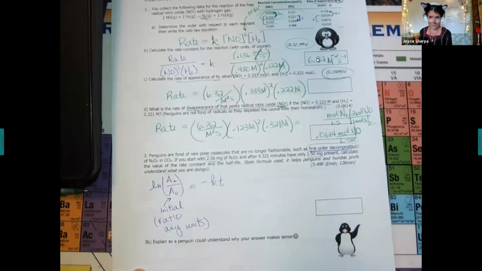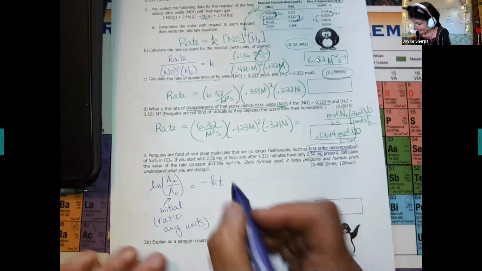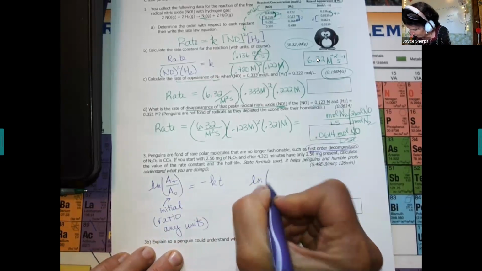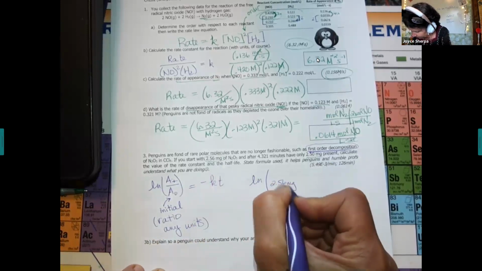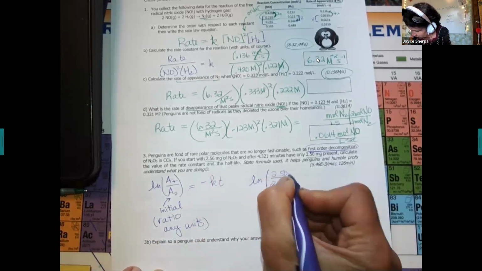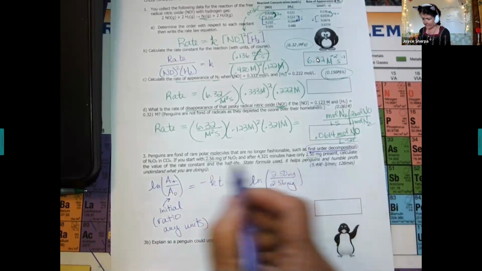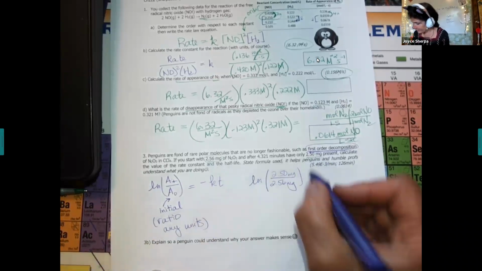Today, when we do the lecture, we'll do a second order one, and we have to change the units in that case. So we just do natural log of our 2.56 milligrams and 2.50. So not much has decayed yet. We have not yet reached a half-life.